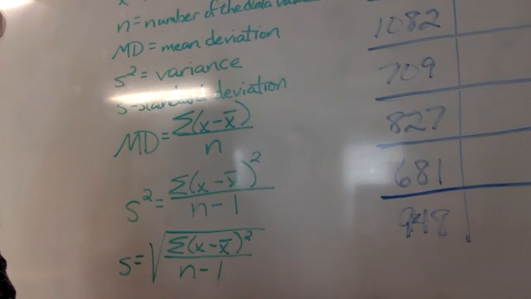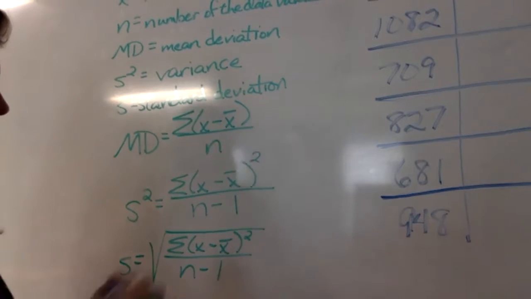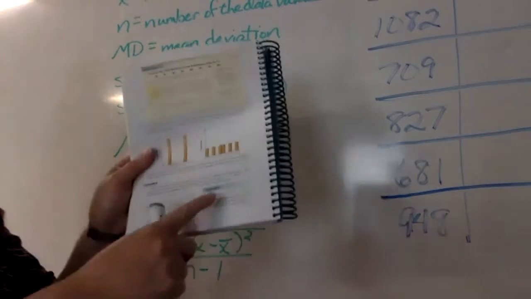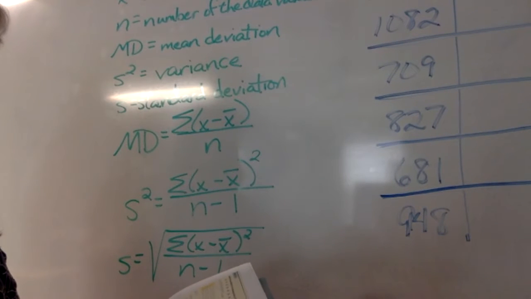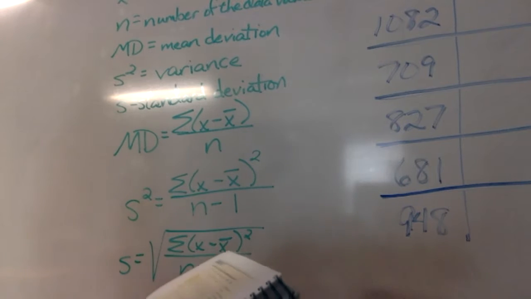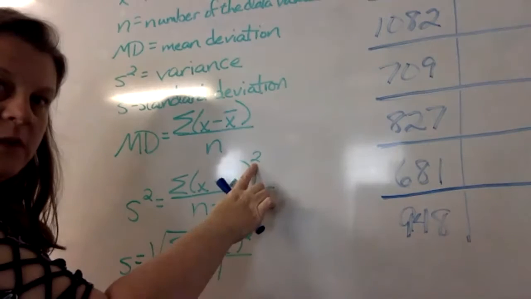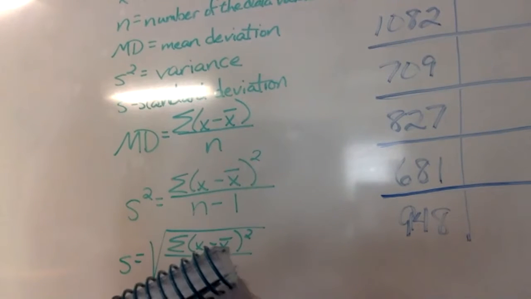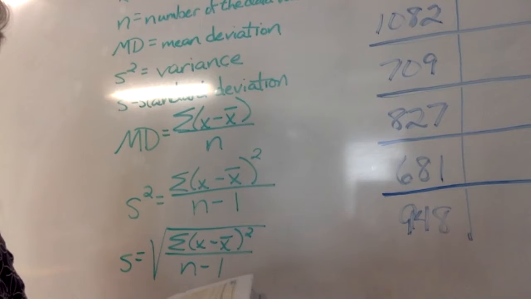So then we have variance, which it talks about on page 560, and again, that's where it's got these formulas in the book in little boxes if you need them, if you can't see up here. It says statisticians have improved on the mean deviation by making 2 adjustments to the mean deviation calculation: squaring the differences, I said they added the squared on there, and then subtracting 1 from the number of data values.